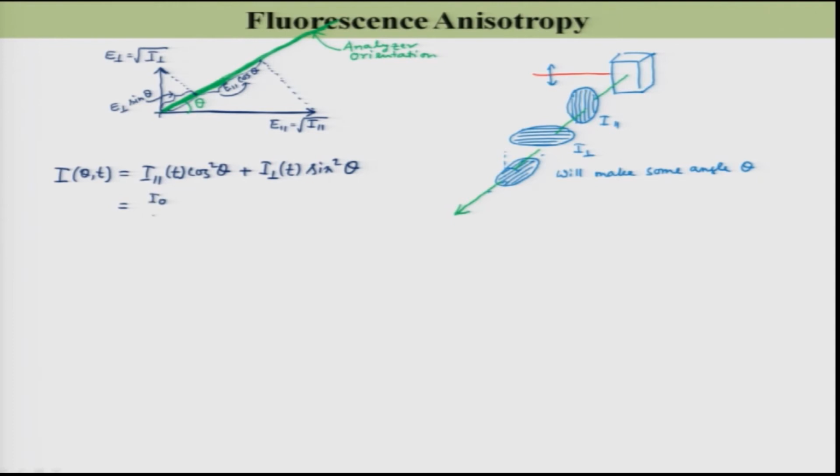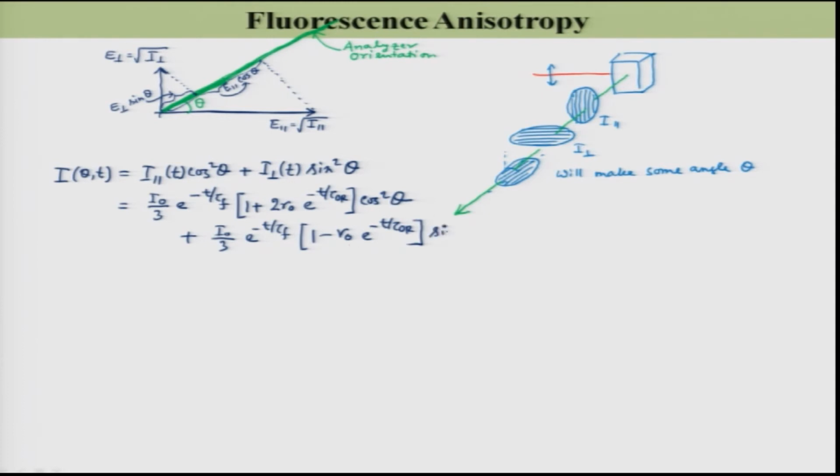First one is I 0 by 3 e to the power minus t by tau f into 1 plus 2 r 0 e to the power minus t by tau r, multiplied by cosine square theta, and I 0 by 3 e to the power minus t by tau f, here 1 minus r 0 e to the power minus t by tau r, times sin square theta.